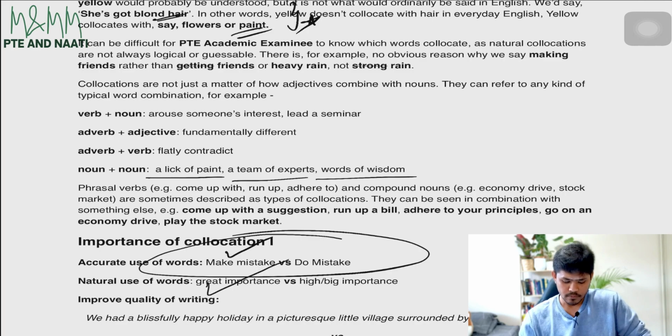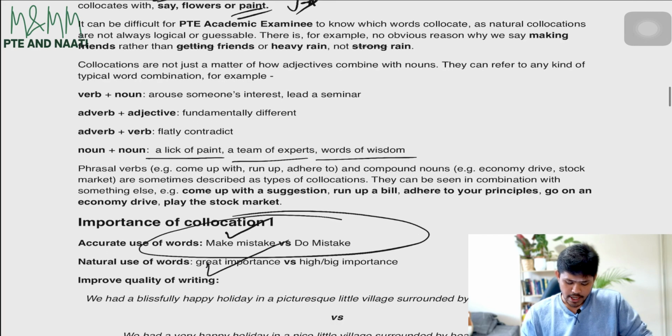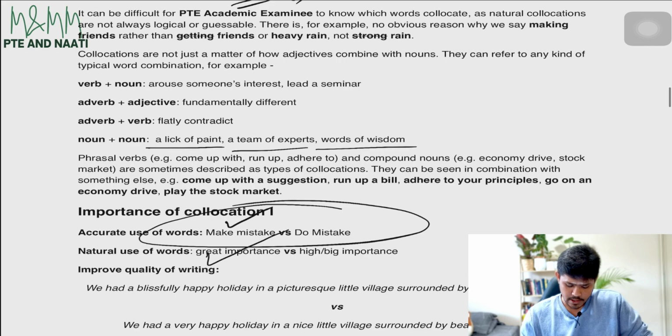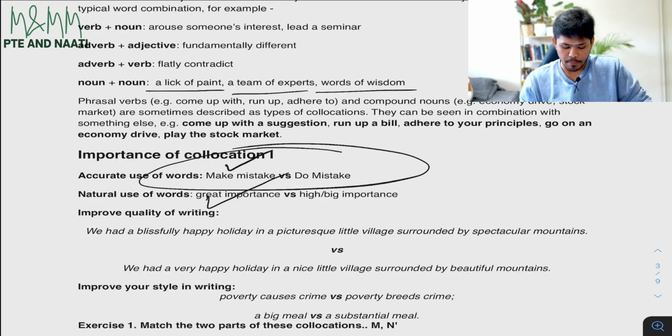All right. So similarly, let us see this sentence. We had a blissfully happy holiday in a picturesque little village surrounded by spectacular mountains. And the other option is, we had a very happy holiday in a nice little village surrounded by beautiful mountains. Now, both the sentences are giving the same meaning.